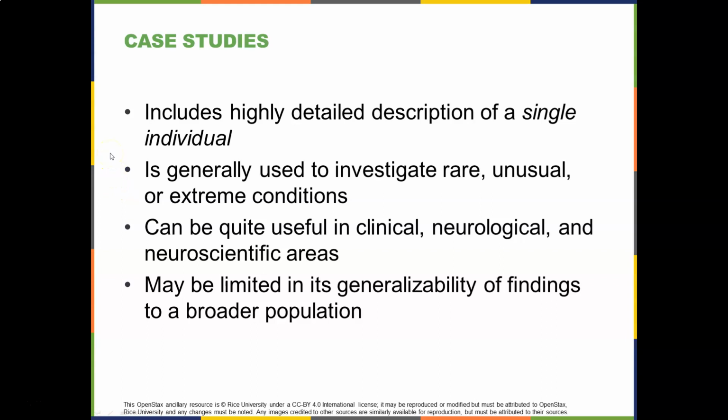Take, for instance, if a person is having issues and a neuroscientist wants to conduct a brain scan, such as an MRI, that is a specific study only on that one individual. So that is a case study.